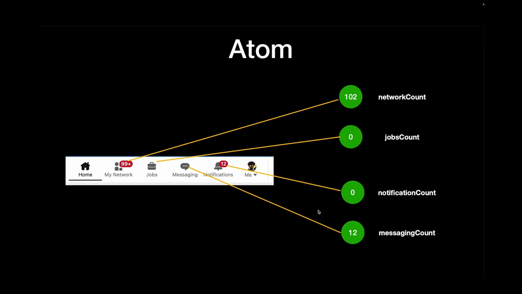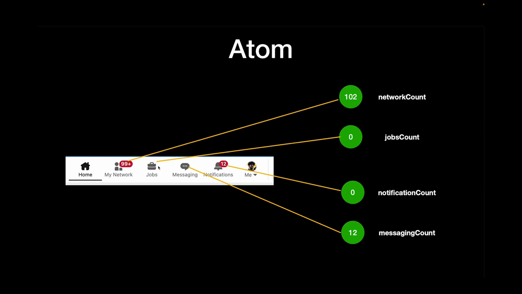I have defined 4 atoms here: network count, jobs count, notification count, and messaging count, each representing the current set of notifications a person has. This person has 102 network notifications and hence 99 plus appears here. We can write that logic: whenever there are more than 99, we just render 99 plus here.